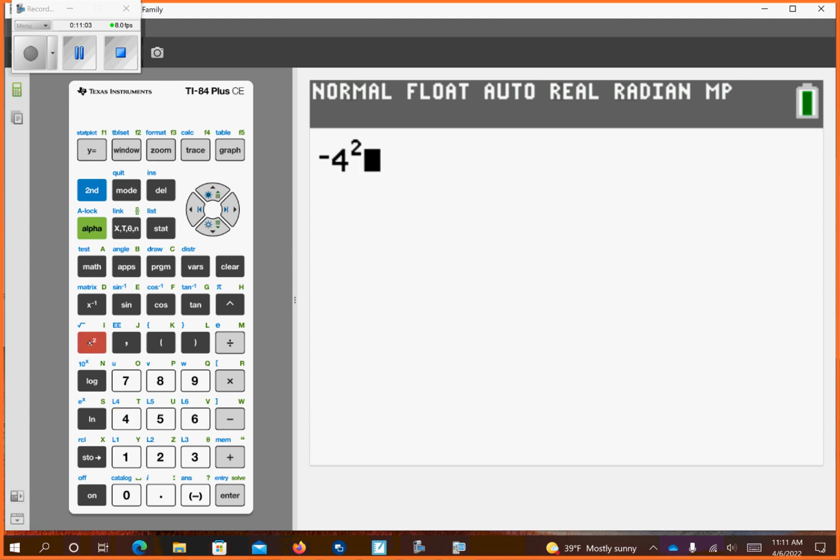What can you guarantee the answer has got to be? It's got to be positive 16, right? -4 times -4 is guaranteed to be 16. You all agree? This has been embedded in you since you started squaring. It's got to be positive 16.